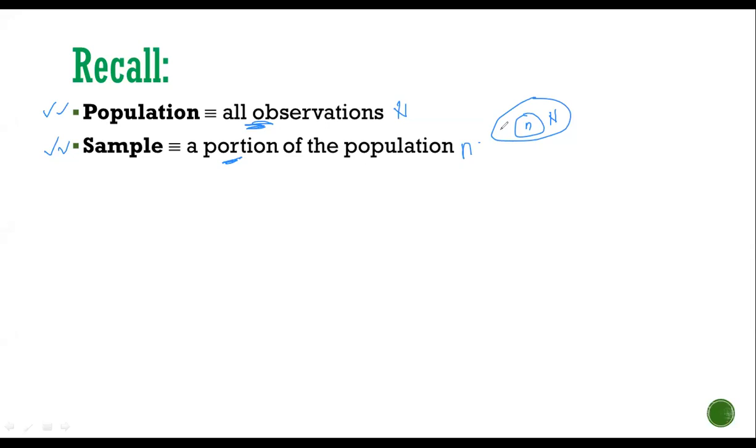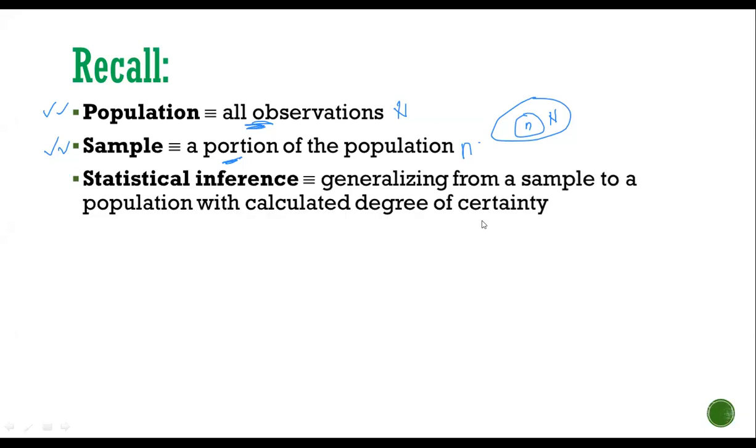Next concept. We have here the term statistical inference: generalizing a sample to a population with a calculated degree of certainty. A simple recall: statistics is classified into two, descriptive statistics and of course inferential statistics, if you can still recall from our previous module.